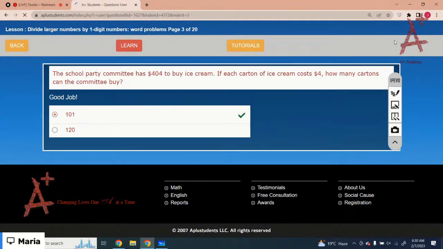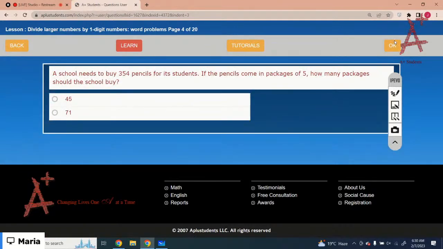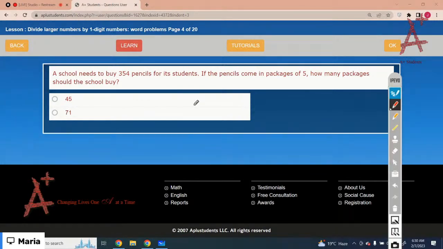Okay, the next one is the school needs to buy 354 pencils for its students. If the pencils come in packages of 5, how many packages should the school buy? So you have to divide 354 by 5. 5 times 7 is 35. 5 times 0 is 0.